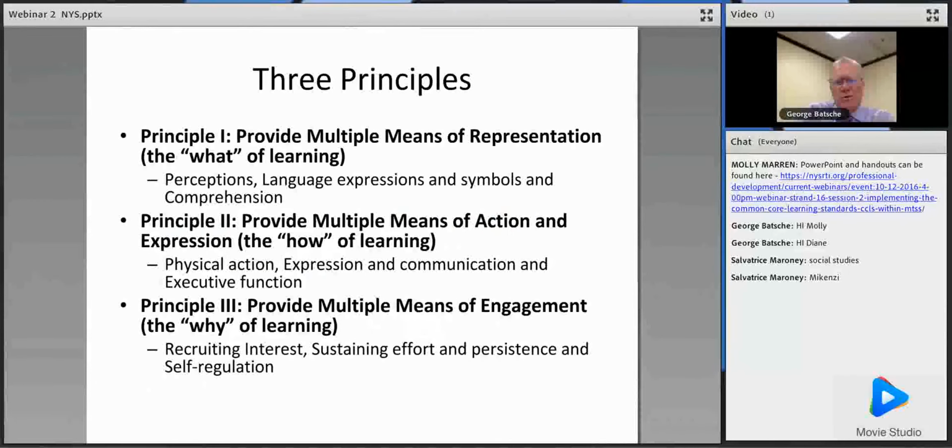There are three principles to universal design, and I want you to think about this. If you are a teacher, I want you to think about this in terms of planning your lesson. So if you have students whose fluency is very poor, and you're going to have a lesson where all the students have to first read a paragraph.